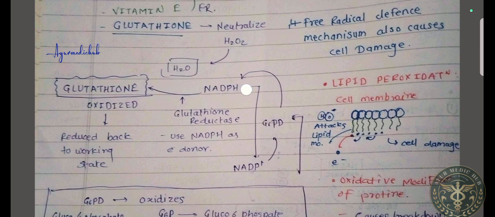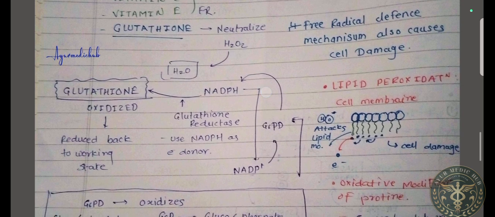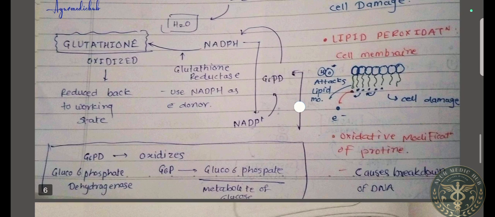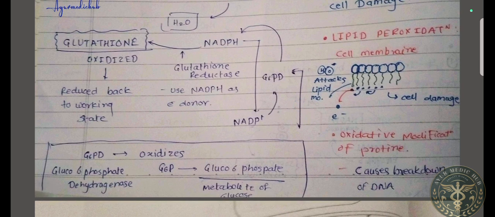When NADPH gives an electron, it is reduced to NADP plus, and this reaction takes place with the help of the glutathione reductase enzyme, which uses NADPH as an electron donor. The NADP plus is turned back to NADPH with the help of the G6PD enzyme, which is glucose 6 phosphate dehydrogenase.